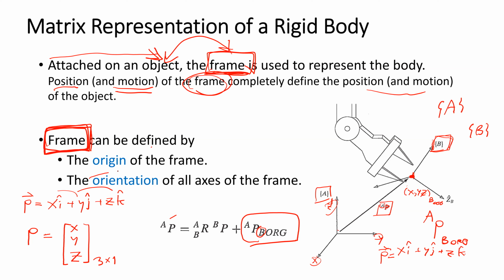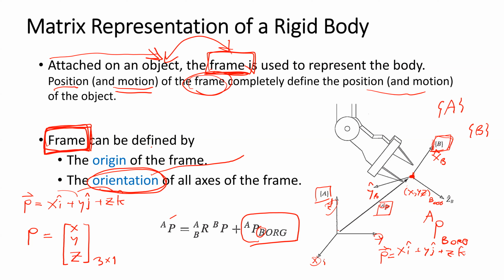And we need to describe the orientation of all the axes of the frame B with respect to the frame A. So we already know the idea. How can we define the orientation of the coordinate frame B? For the coordinate frame B, we also have XB unit vector, YB unit vector, and ZB unit vector.